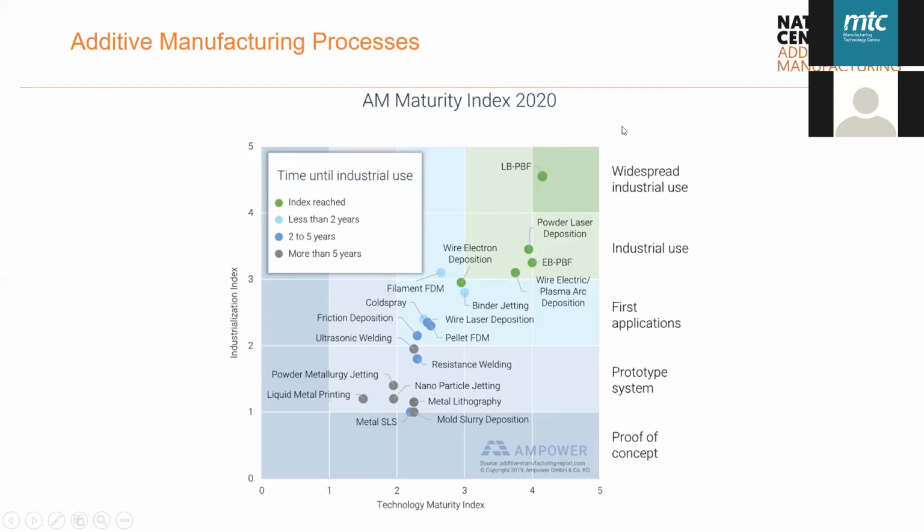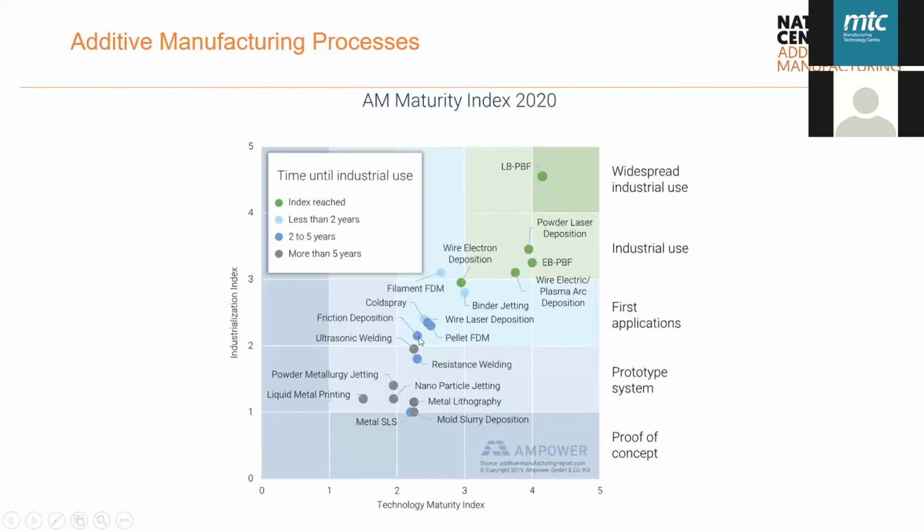You can see in the top right-hand corner laser powder bed fusion, as well as electron beam powder bed fusion. These are the most prevalent within industry at the moment, and also the most mature. Just below that you have binder jetting and filament FDM, so indirect additive manufacturing processes. According to this, they are less than 2 years away from industrial use, so definitely pushing into that market.